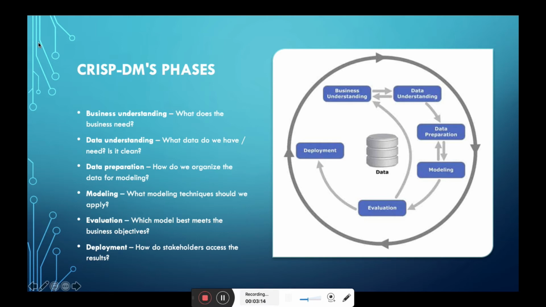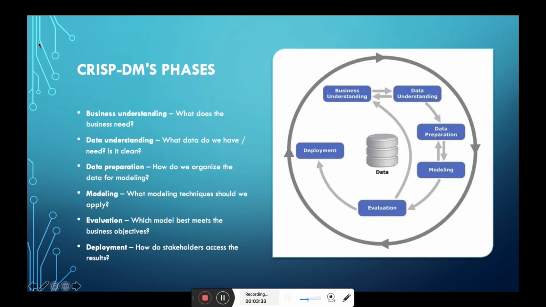Stage 3 would be preparing the data. How do we organize the data for modeling? Stage 4, what modeling techniques should we apply to get the best possible outcome or result?